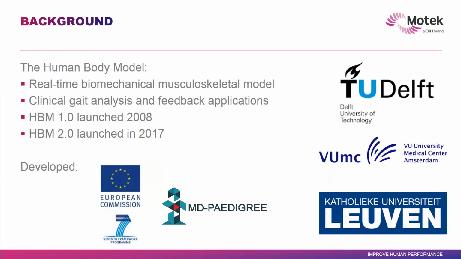HBM was originally launched in 2008 in a collaboration between Motek and Professor van den Bogert. But earlier this year, we released a major update of the model, and therefore we thought it was appropriate to do a webinar session. This model was developed in an EU-funded project within the 7th framework.